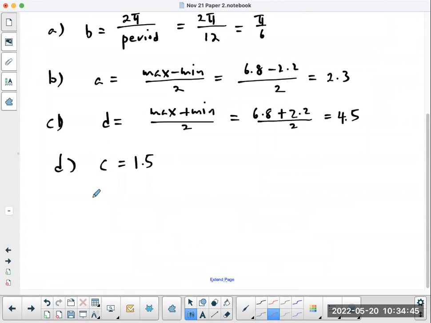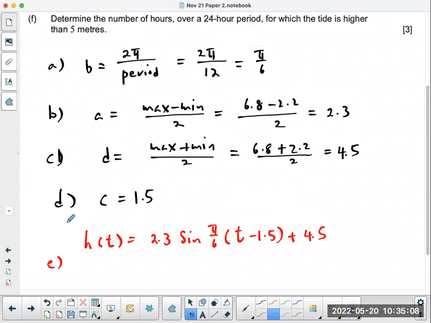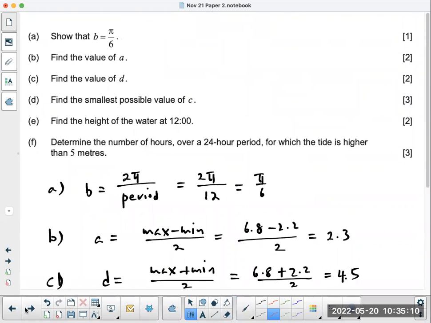The height of the water is going to equal A multiplied by sine of B times t minus C, plus D. So that's the equation, and you want to find out the height at 12 o'clock.